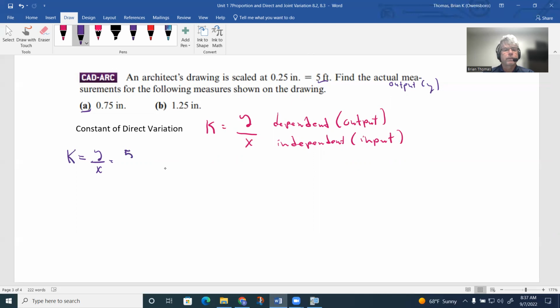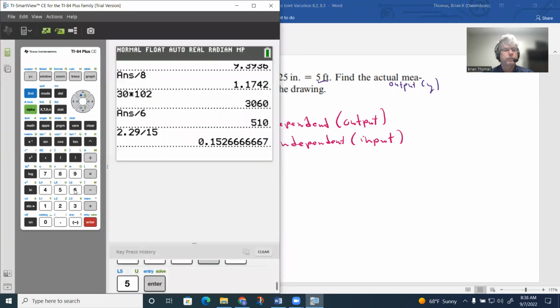So the 5 feet would go here, and the 0.75 is going to be here. Since we're looking for the actual measurements, that's going to become the output value, or y. So it should be 5 divided by 0.25. If I divide 5 by 0.25, I can come up with the constant of variation.